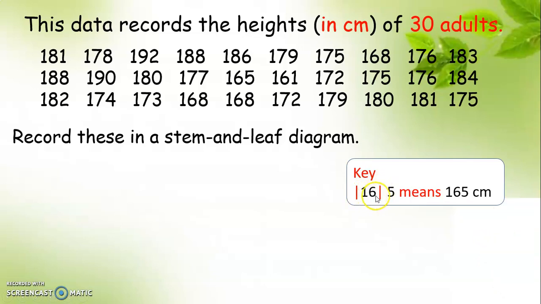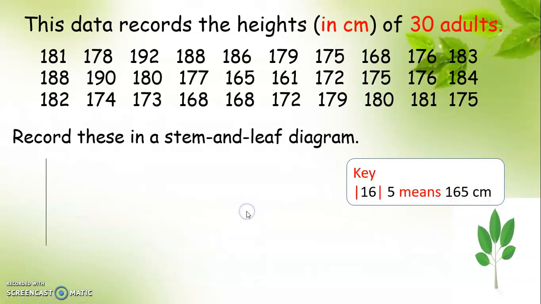Later on you will know where the stem and the leaf are. If we see this one, it means the number inside and outside, if we put it together, is 165 centimeters.